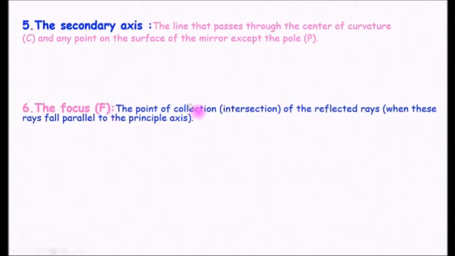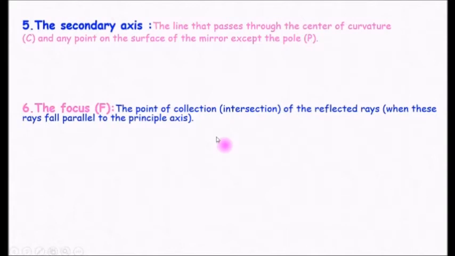The focus, capital F, is the point of collection or intersection of the reflected rays when these rays fall parallel to the principal axis.